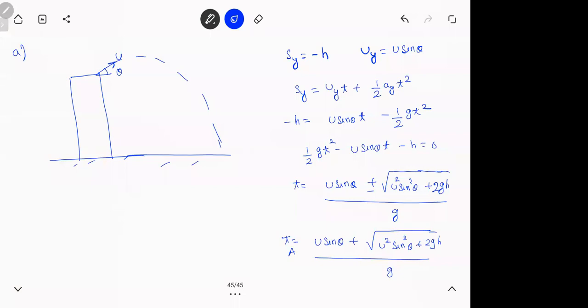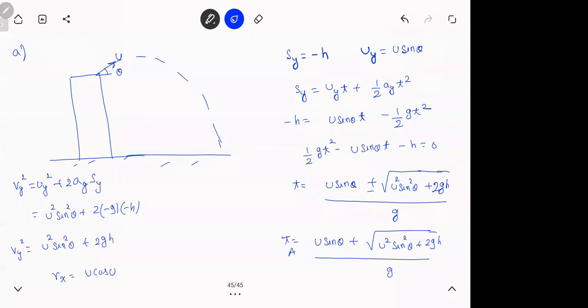What is the velocity? Vy square is uy square plus 2 ay sy. This is u square sine square theta plus 2 into minus g into minus h. So Vy square is u square sine square theta plus 2gh. What is Vx? Vx is u cos theta. That doesn't change. So what is speed?